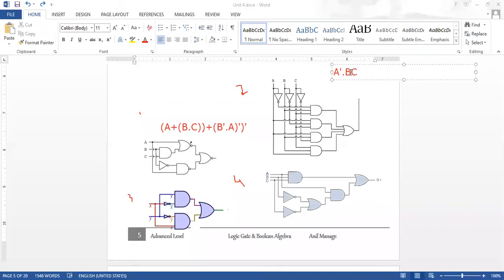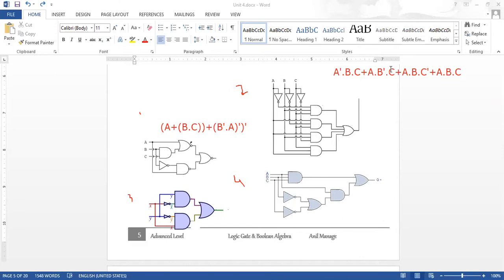So without dot even you can write, but I will write dot. A dot B dash dot C plus A dot B dot C dash plus A dot B dot C. Without dot even you can write this, AND gate, doesn't matter.